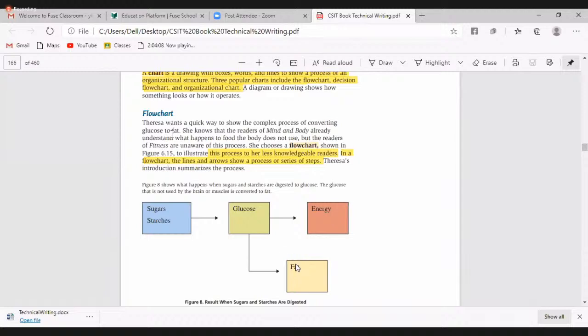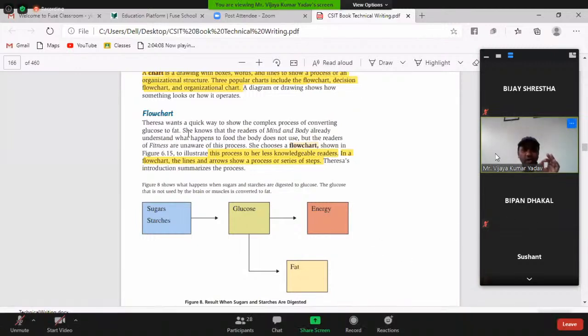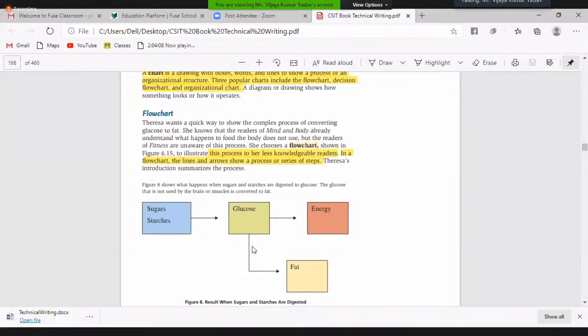So we use a flow chart. The single purpose of using a flow chart is to describe the process of something. So this very example clearly indicates the process, right?